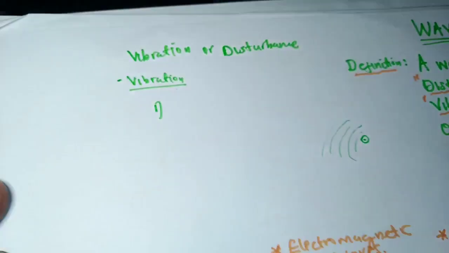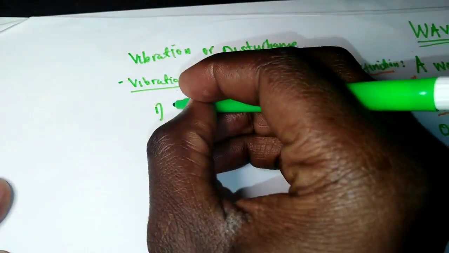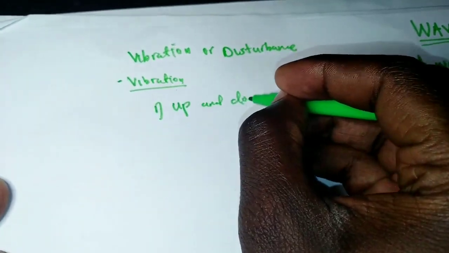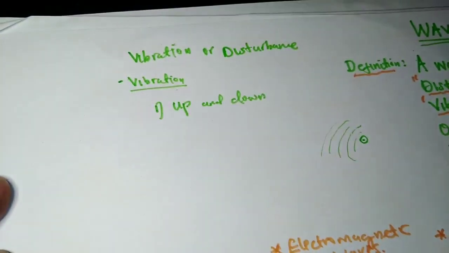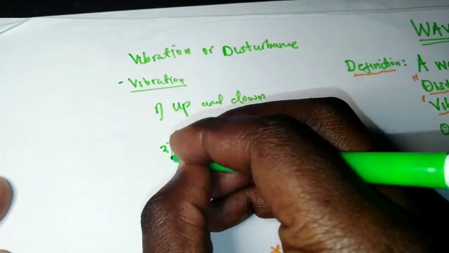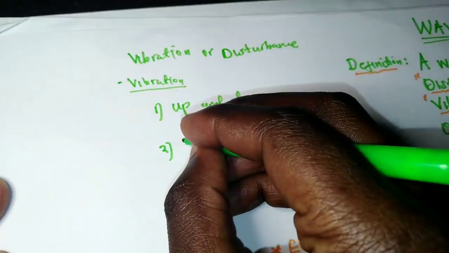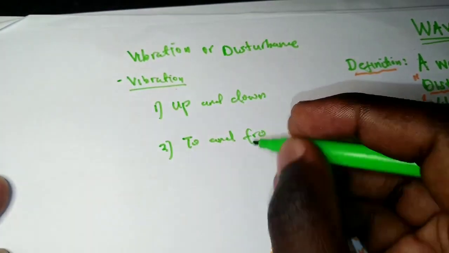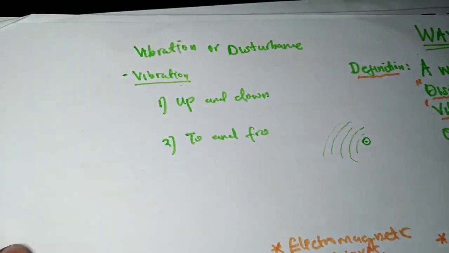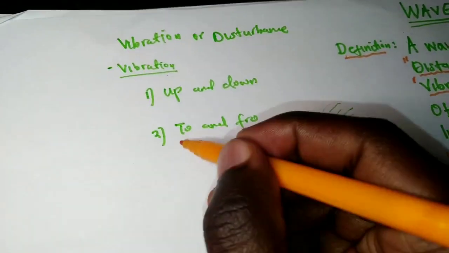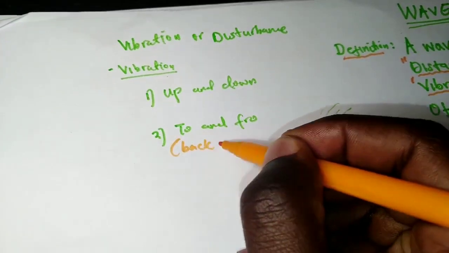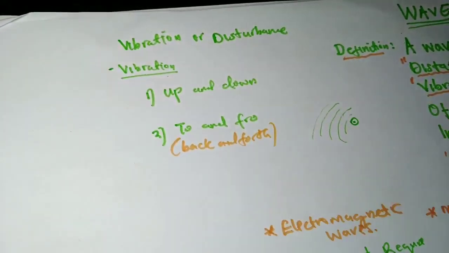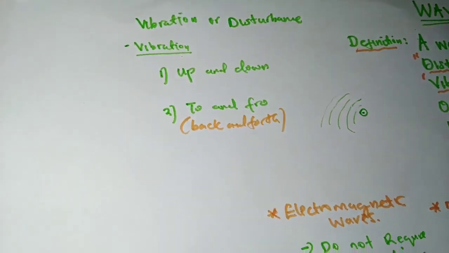Number one, particles will vibrate up and down, and some other particles will vibrate to and fro, or you can say back and forth.